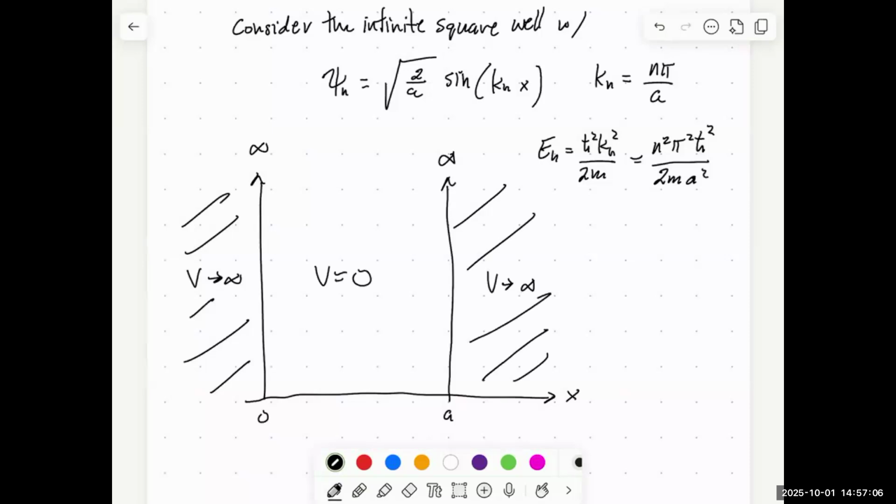So the first thing that I want to think about is the spacing of the k-states.